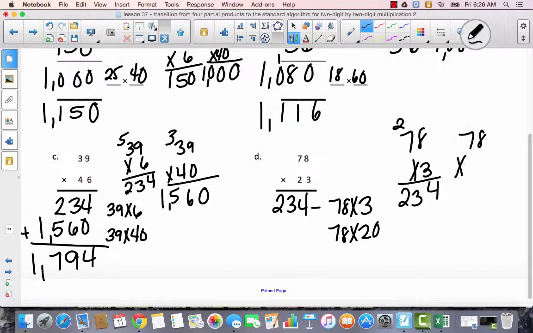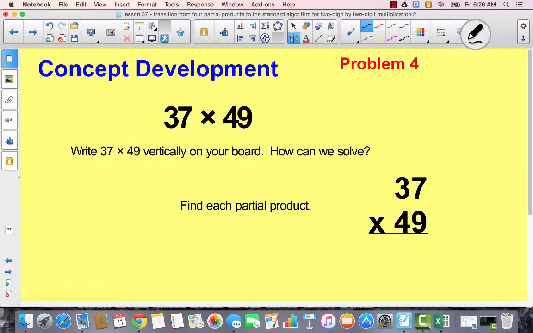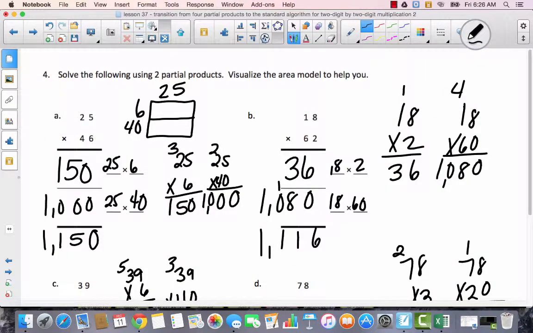Now we're going to do 78 times 20. So it's really 78 times 2 and add a 0, so I put my 0 down. 8 times 2 is 16. 7 times 2 is 14, plus 1 is 15. So I have 1,560. I'm going to add these together. I get 1,794. Okay, so that is the last of your problem set.